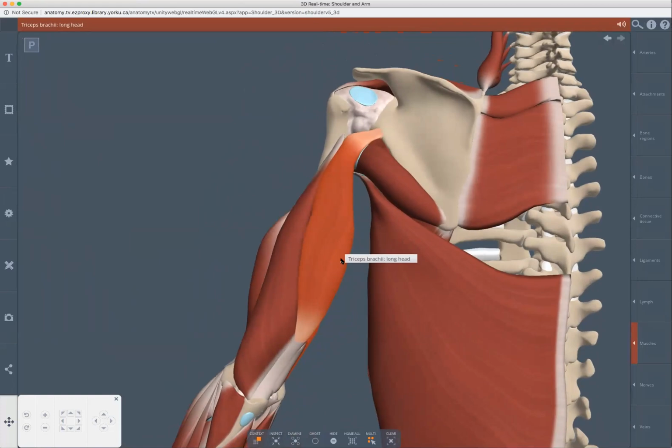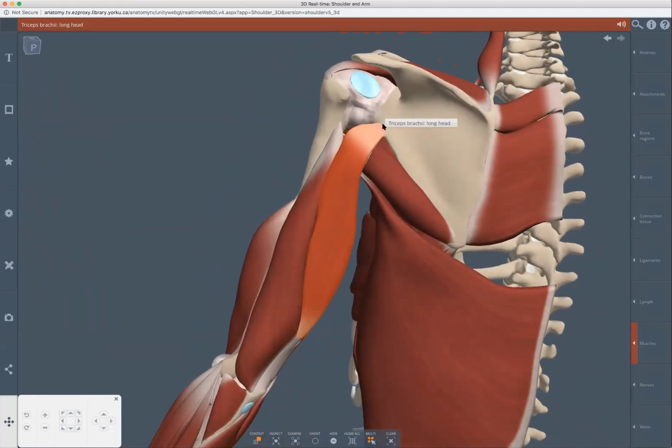All right, so your long head of triceps brachii is originating again on the scapula, just like the long head of biceps brachii. So this is going to be the infraglenoid tubercle, meaning it's below the glenoid fossa, which is here. The long head of triceps brachii is the only one that crosses the shoulder joint.